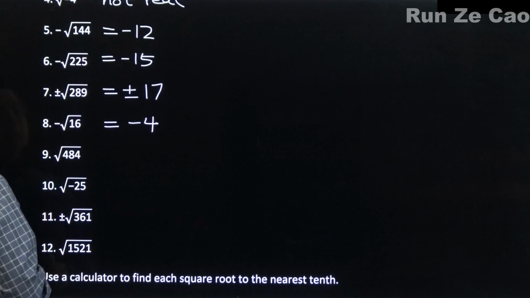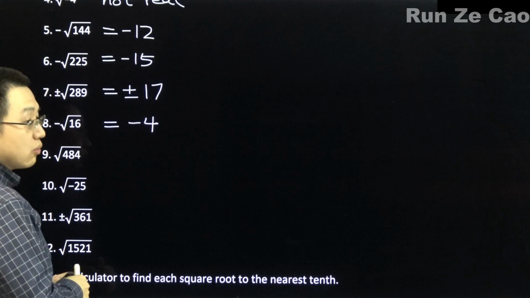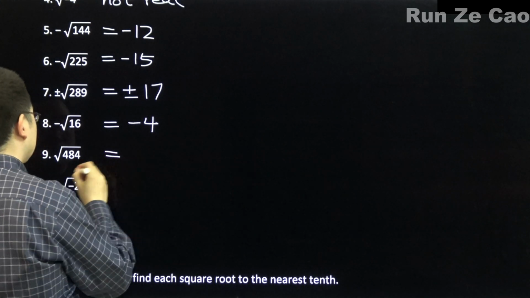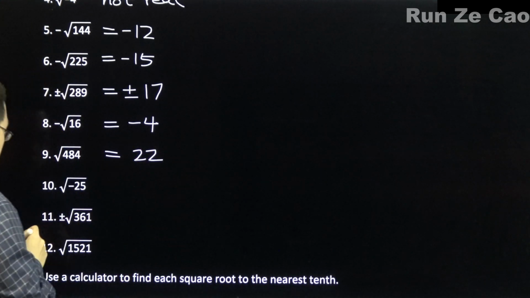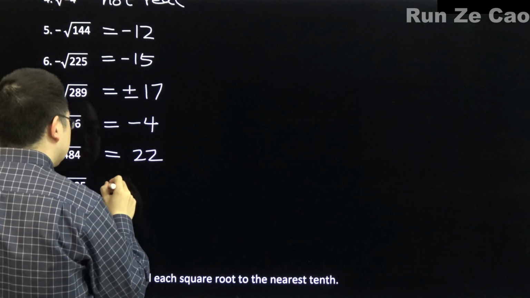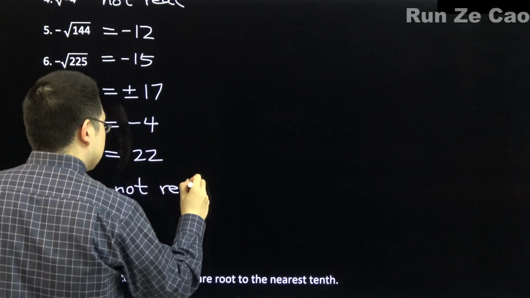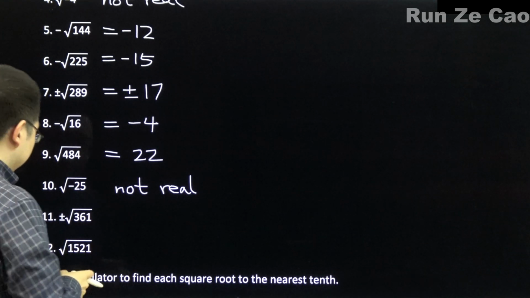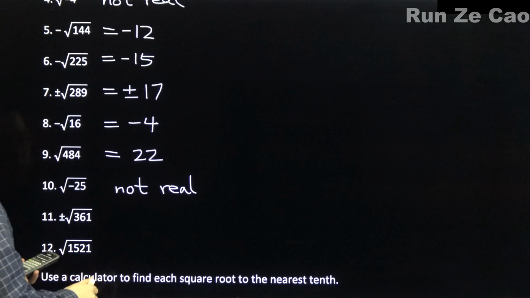So 484, that's 4 times 121, which is 11 squared, so this is going to be 22 squared. So that's going to be 22. Square root of negative 25, not real is what we respond for now. 361, you know what, let's just use this calculator.